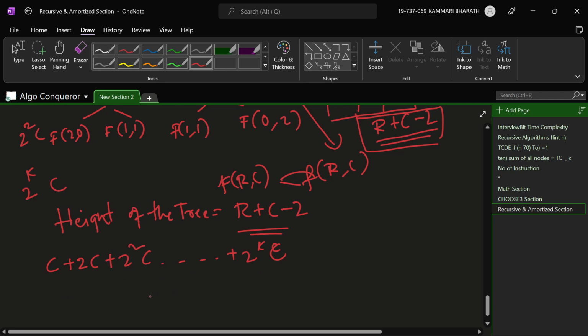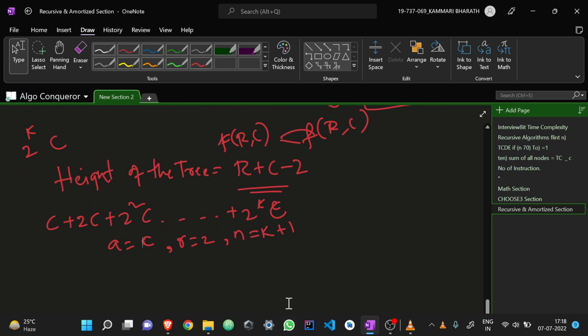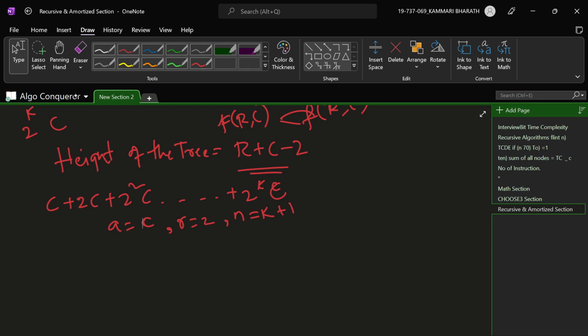This is a geometric progression with a equal to c and r equal to 2, n equal to k plus 1. So what will be the sum?